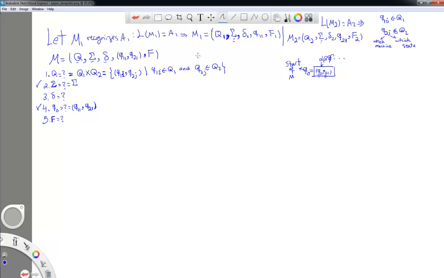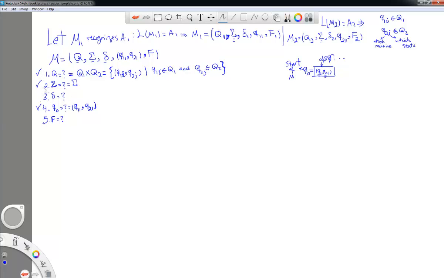I create these pairs for every single combination of the two sets of states, and that will give me the set of states for the union. So now I can do my processing. So this is done.